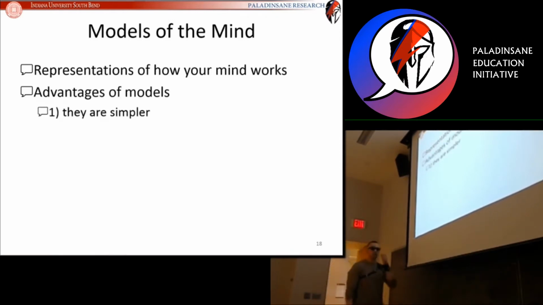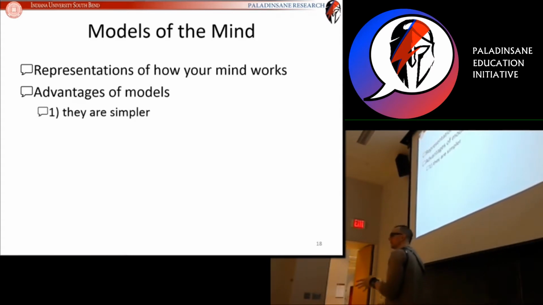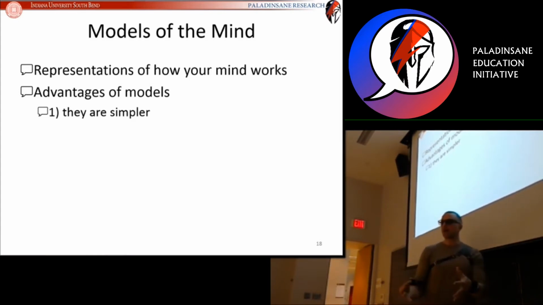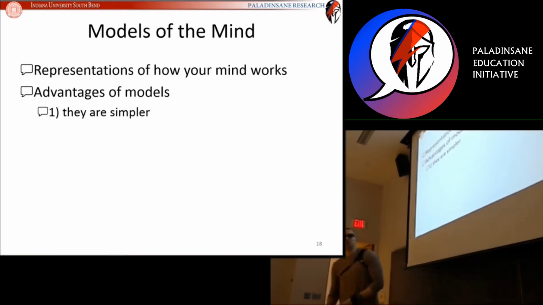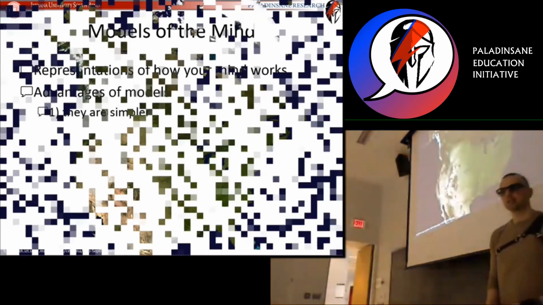So the advantages of models, the first advantage is that they are much, much simpler. You can take something that's incredibly complicated and simplify it to a point where we have a chance at understanding it. If you were looking down at the world from space, you might see something that looks like this.